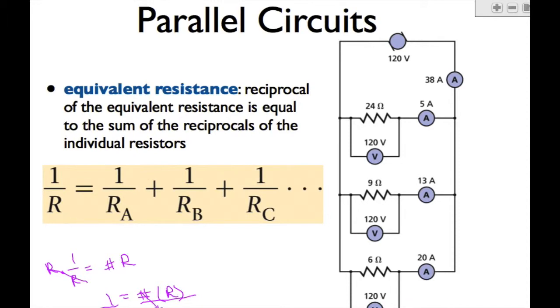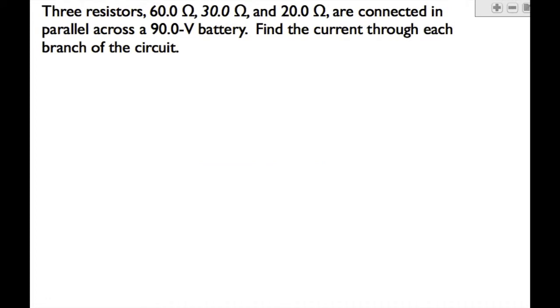So let's try a parallel circuit problem. We have 3 resistors, 60 ohms, 30 ohms, and 20 ohms, and they're connected in parallel across a 90-volt battery. And so we want to find the current through each branch of the circuit.